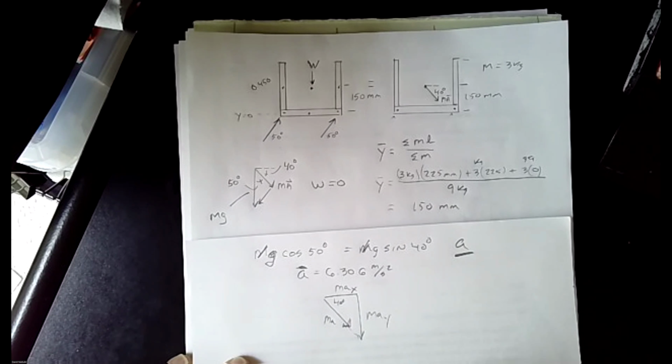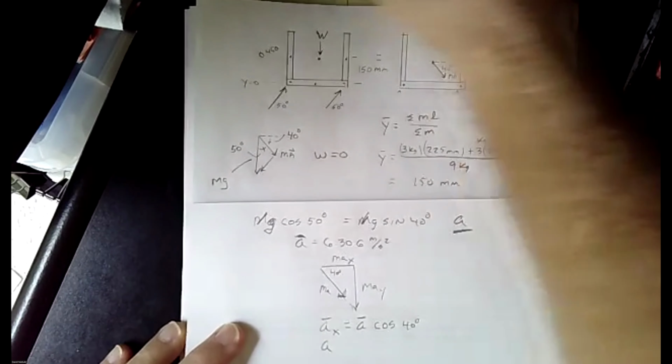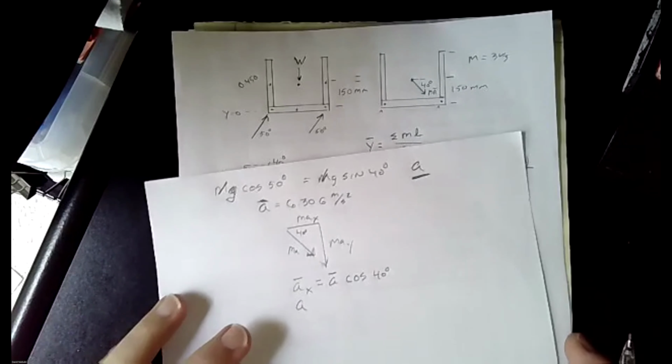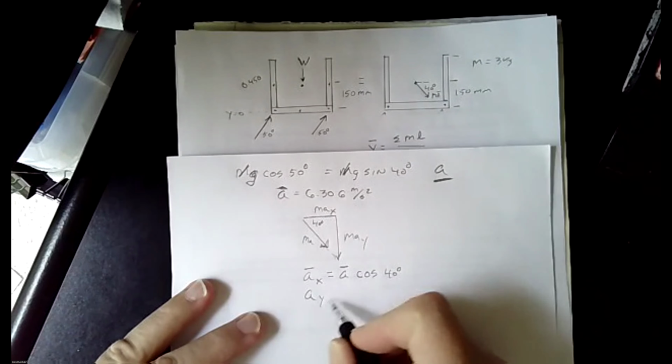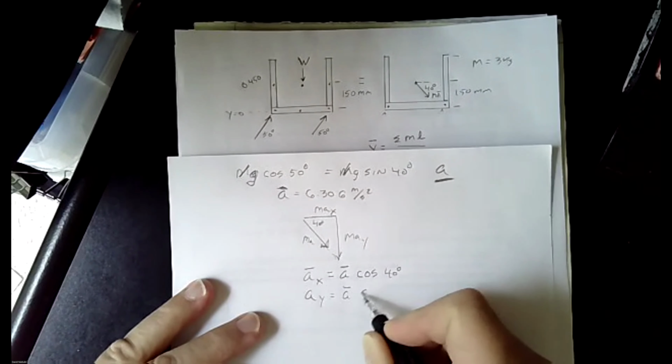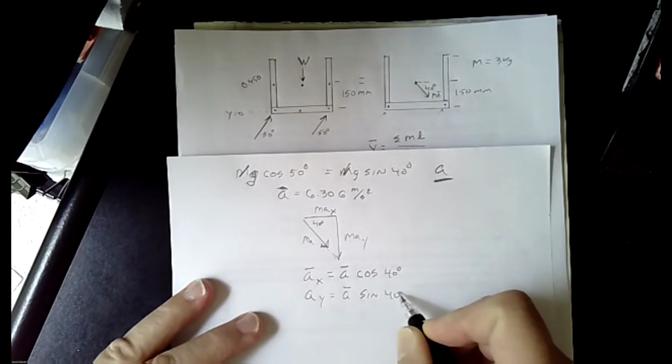So what that means is that my acceleration in the X is equal to A cosine 40 degrees. My acceleration, sorry, getting off the page, acceleration in the Y is equal to A sine 40 degrees. All right.